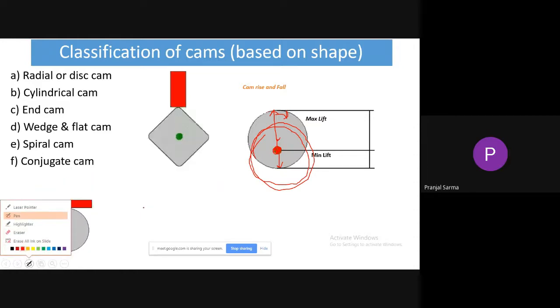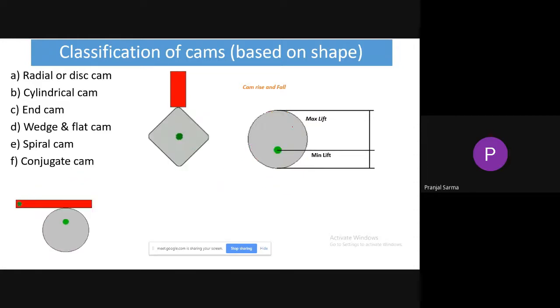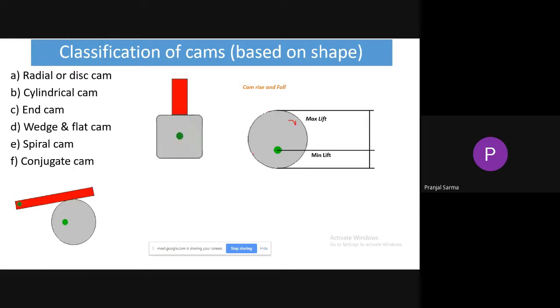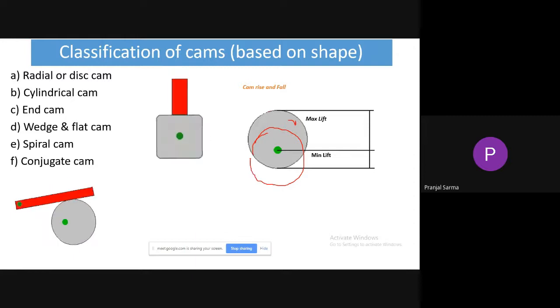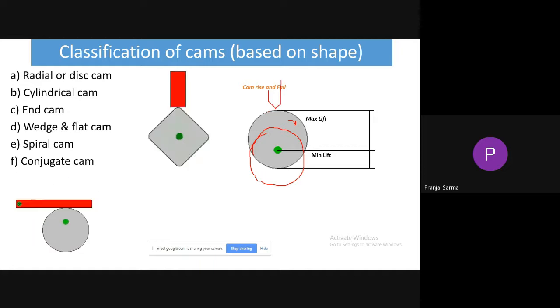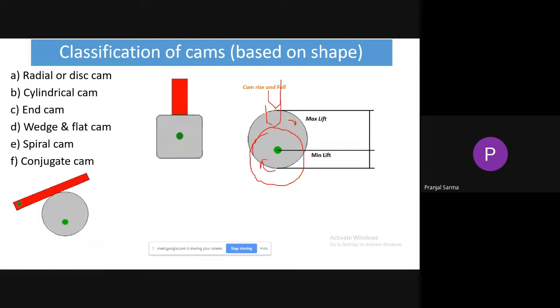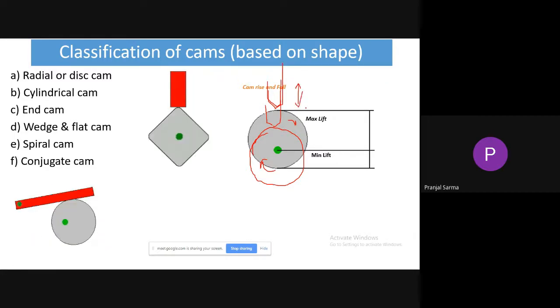Yes or no, are all of you getting my point? Whatever was here will come down to this. In the next revolution it will once again assume this direction and come to this. So it gets the motion from minimum lift to maximum lift.